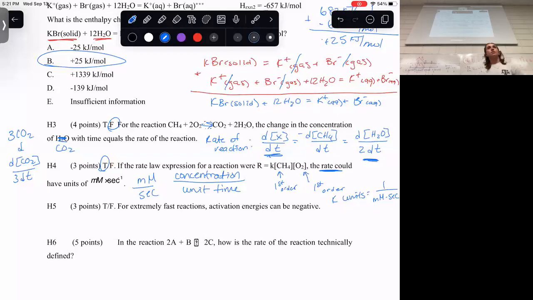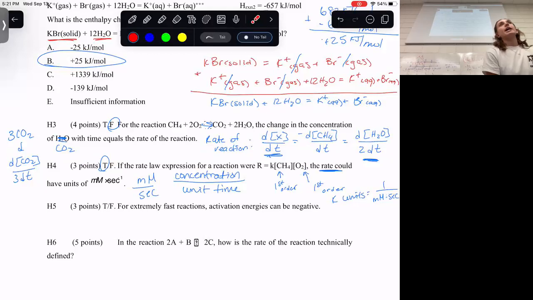Why is it 1 over, like, why would it be true that the rate of reaction? That would be what the units of k are. If he asks you a question like the units of k are 1 over, right now it's asking just for the rate, so it's asking for capital R. He said in class, the rate of reaction.